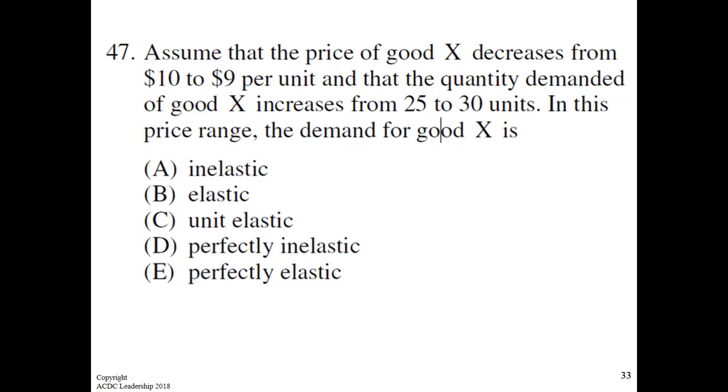So to get the quantity demanded, you got 30 minus 25 over 25, that's 5 over 25, that gives you a fifth. So here, I could write 0.2 up there, right?